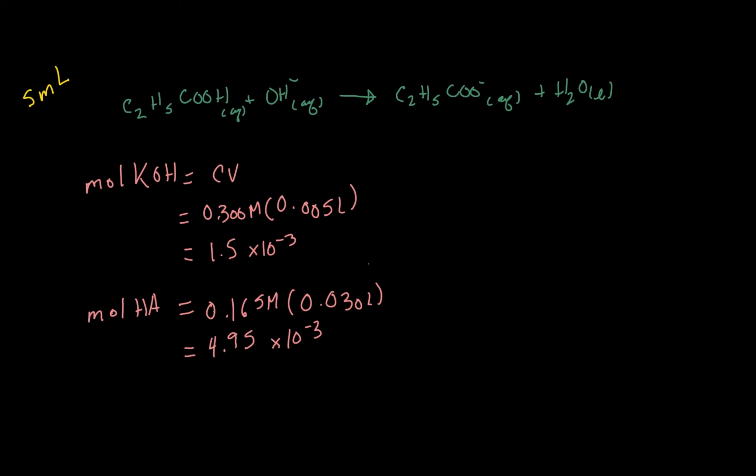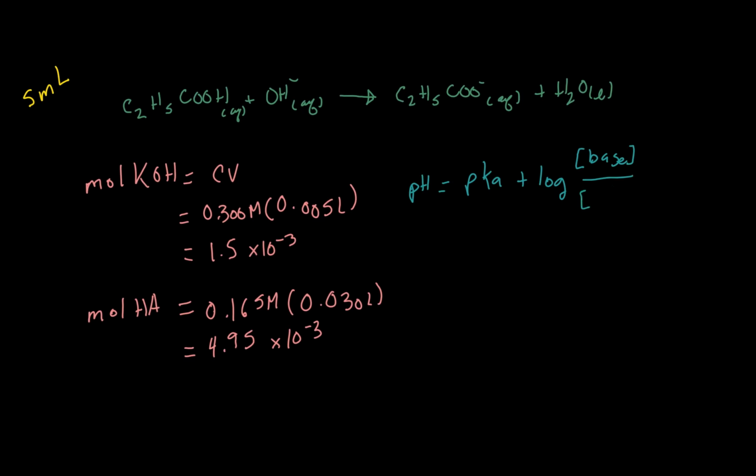So we're going to write this as the pH is going to be equal to, and Henderson-Hasselbalch is just pKa plus the log of base over acid.